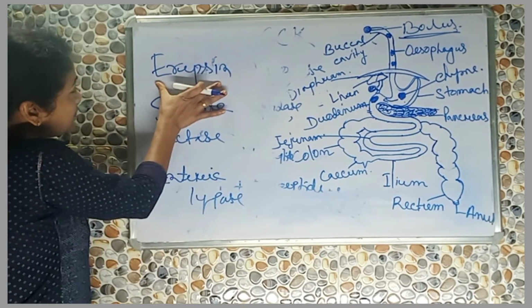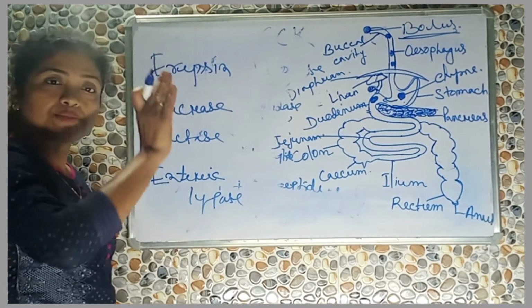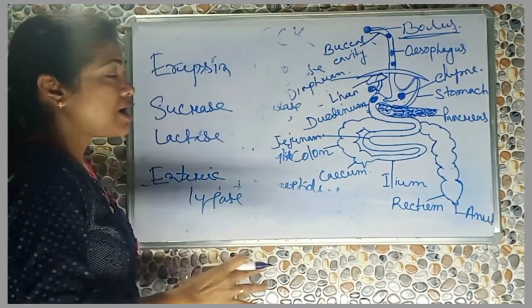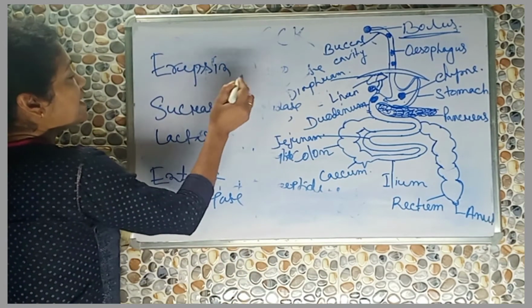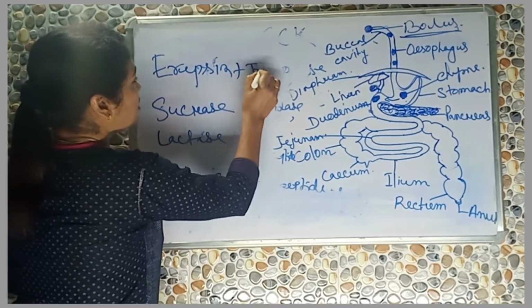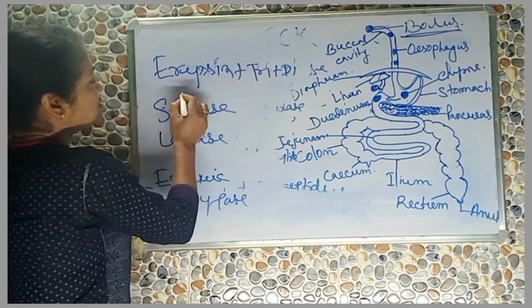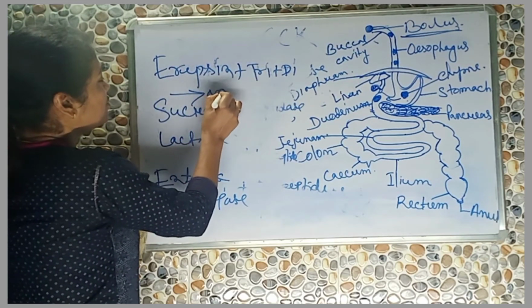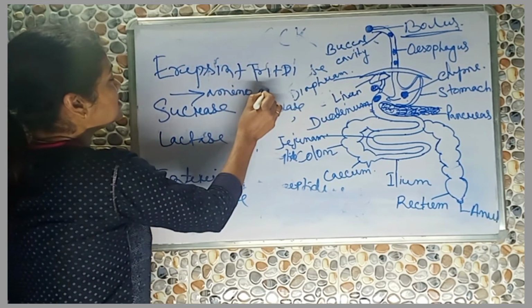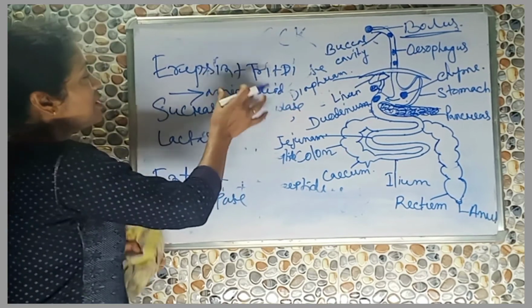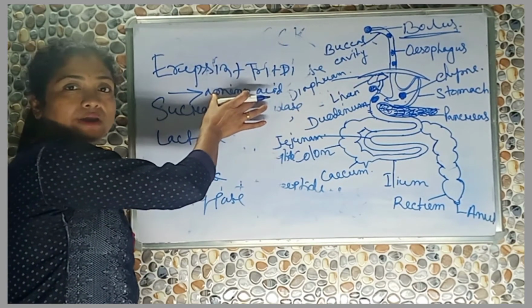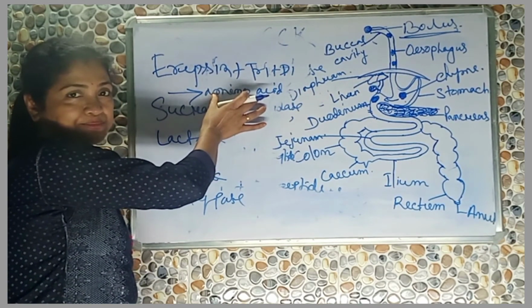So erepsin acts on tripeptide and dipeptide, and tripeptide and dipeptide are converted into amino acid, which can be absorbed inside our gastrointestinal tract.